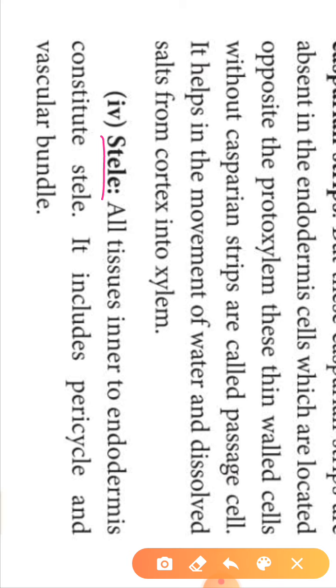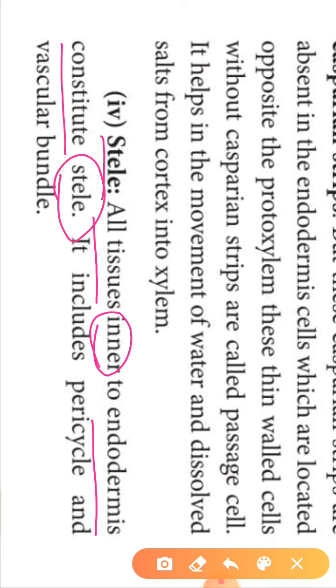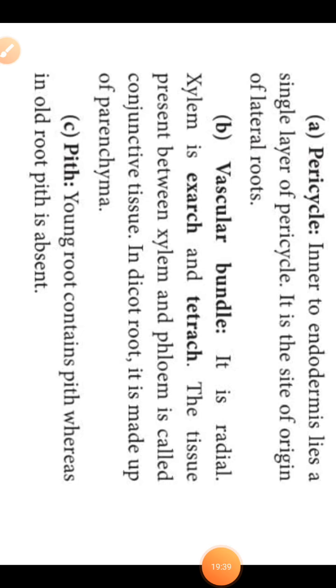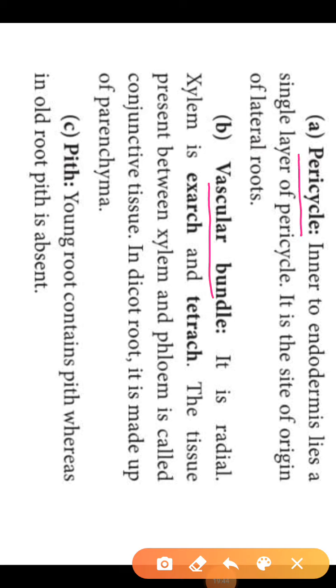All the tissues inside the endodermis form the stele. So my dear, the stele has subdivisions: pericycle, vascular bundle and pith.